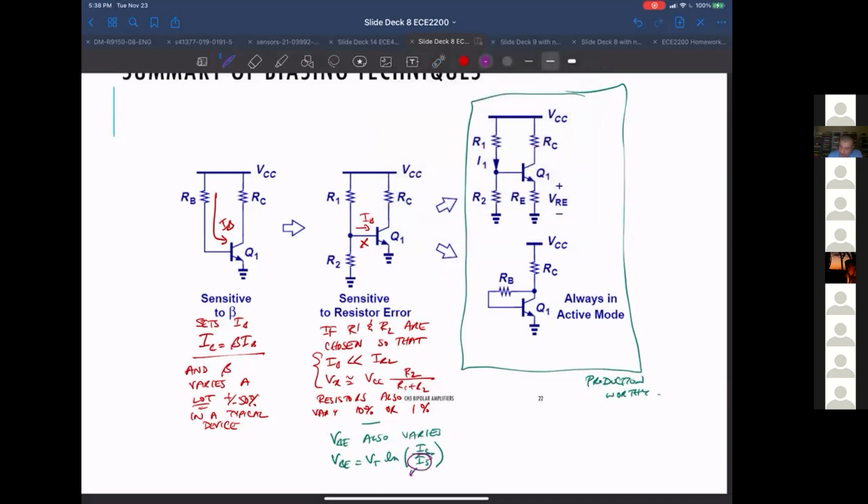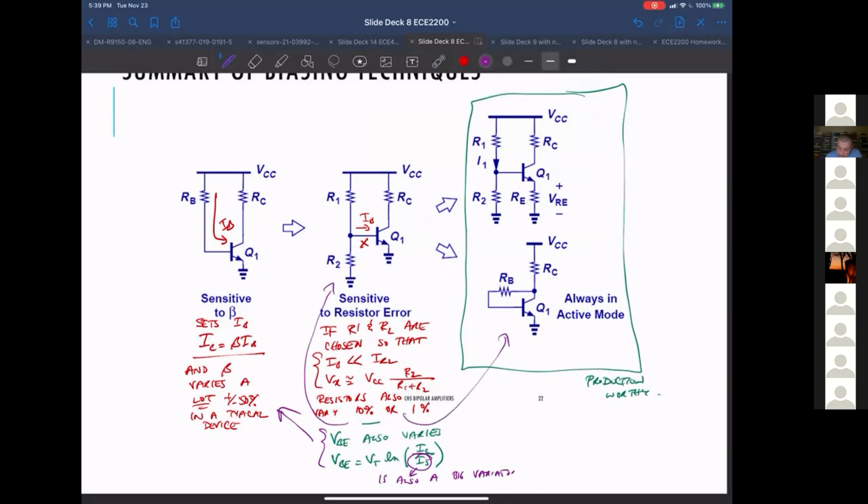So I sub S is also a big variation. And so this is a problem here, it's a problem here, and it's a problem here.